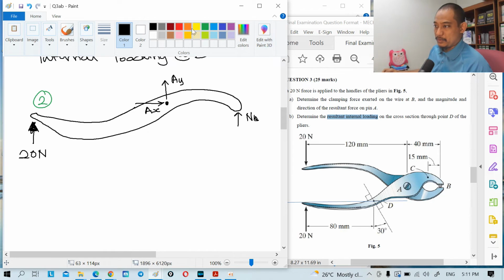Basically point D is here, and there's an angle there of 30 degrees.